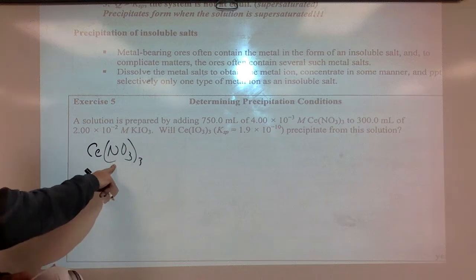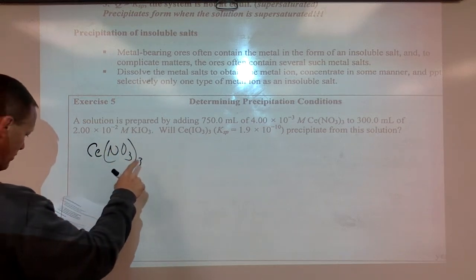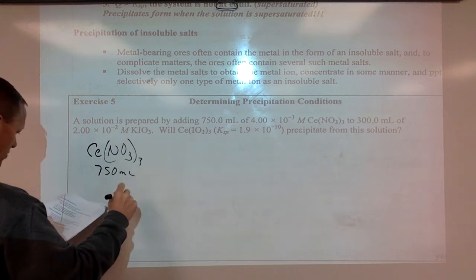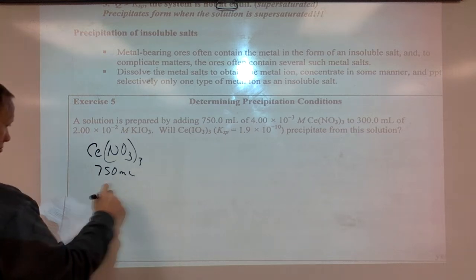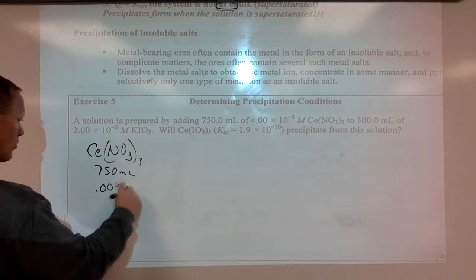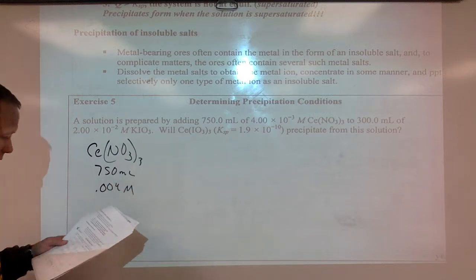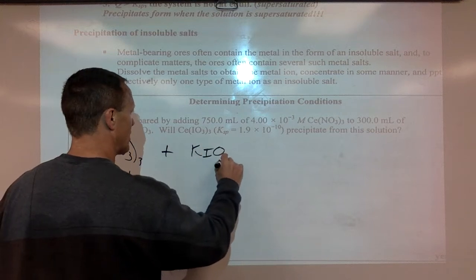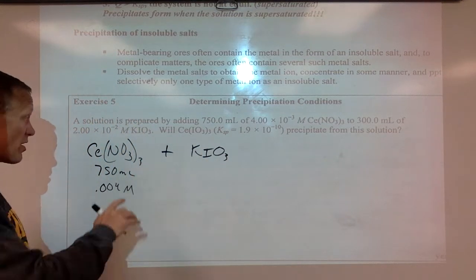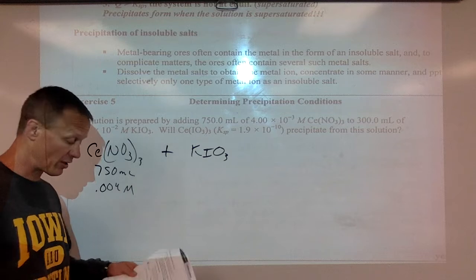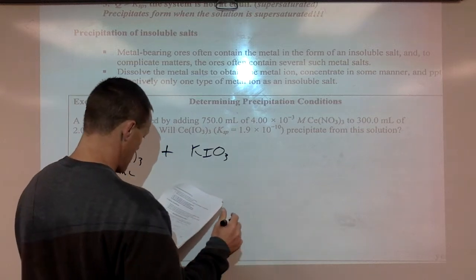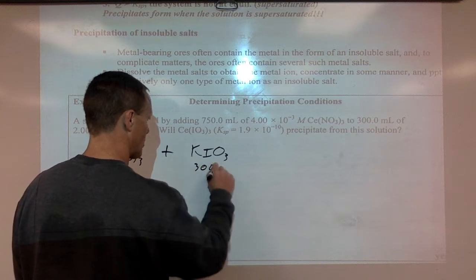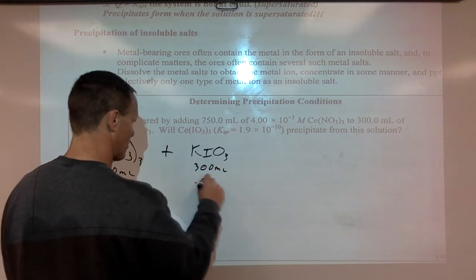That's completely soluble, and there is 750 milliliters of essentially 0.004 molar. And we're going to mix that with some potassium iodate, again, which is completely soluble. There's no KSP value for either one of these. They completely dissociate, completely dissolve. And that is 300 milliliters of 0.02 molar.